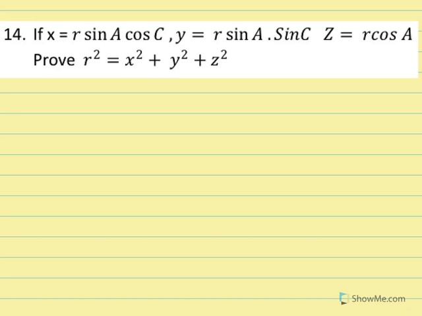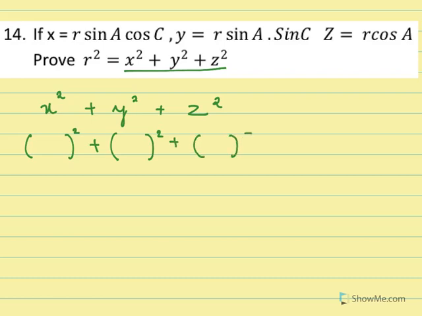X equal to r sine a cos c, y equal to r sine a sine c, z equal to r cos a. We need to prove this, so we just take up the right hand side, x square plus y square plus z square. We'll put the value here, x square, put the value of y square, put the value of z square.